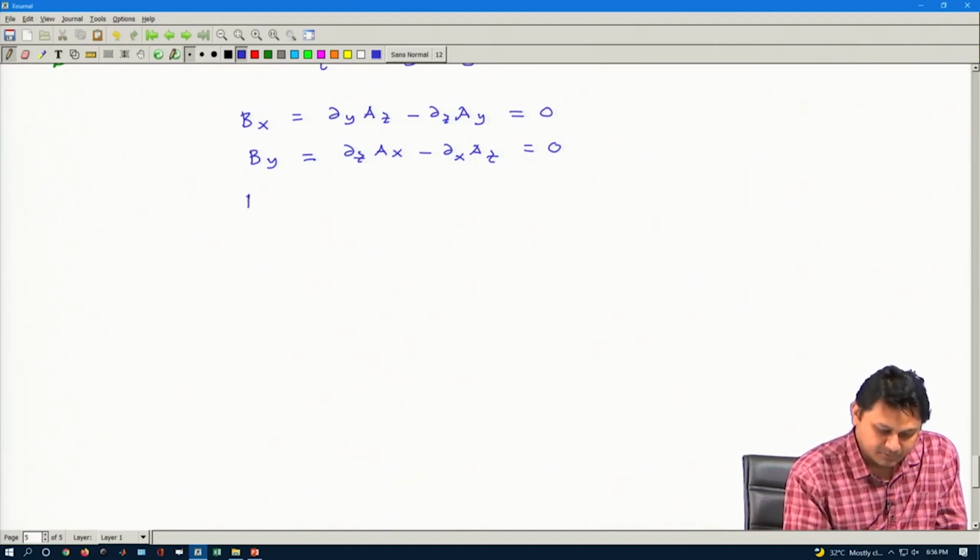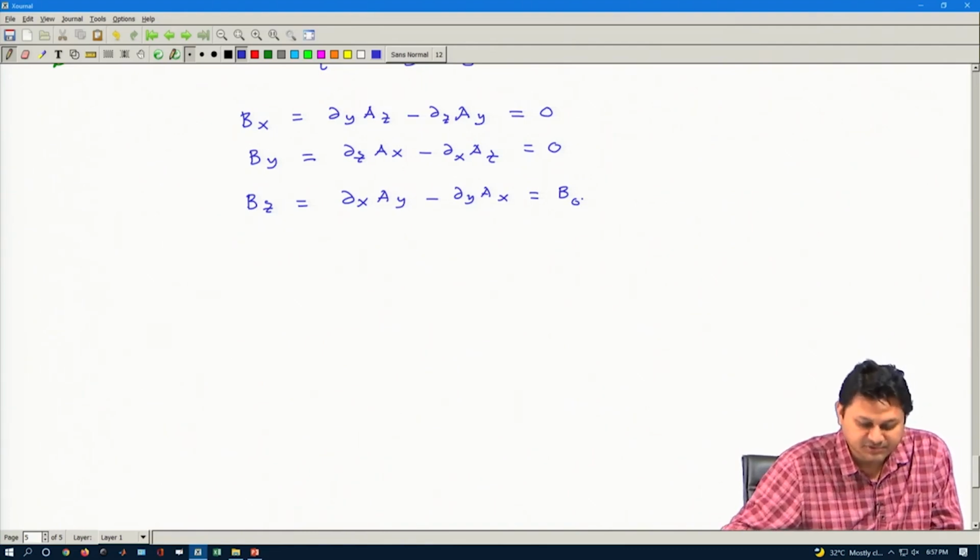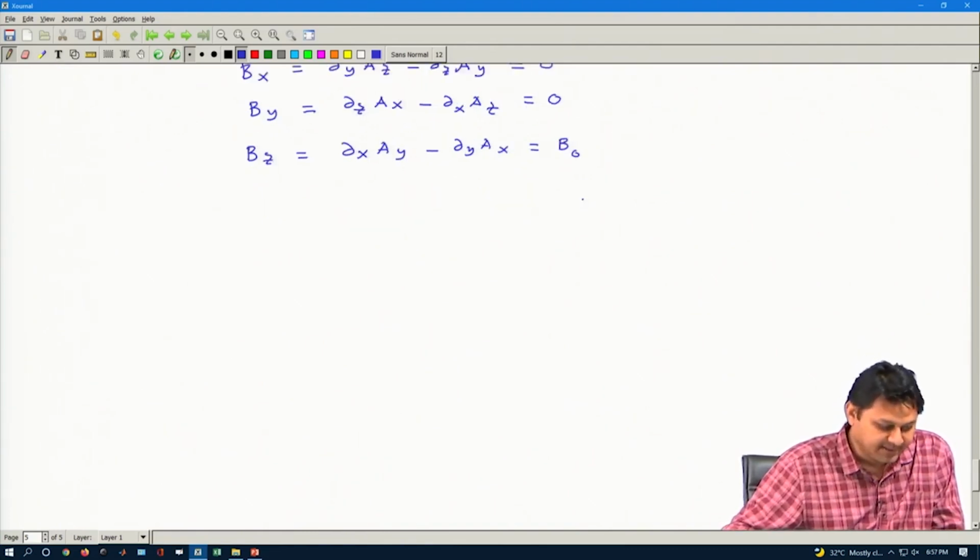The B z component is del x A y minus del y A x, and that is non-zero, with value B0. So, I have 3 partial differential equations in terms of A.